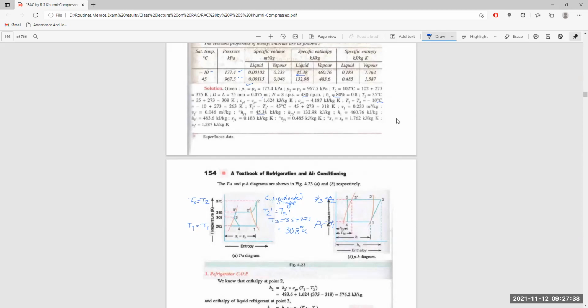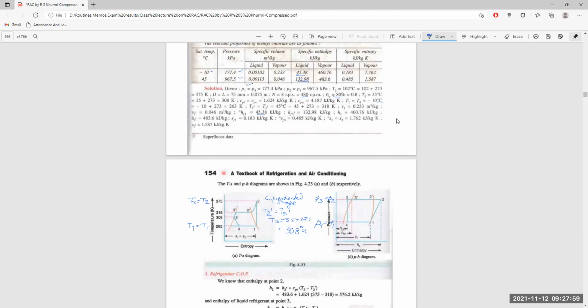HF3 dash, the enthalpy of the refrigerant at the inlet of the throttling valve or expander, is given for the fluid at the higher temperature, 132.98 degrees centigrade.